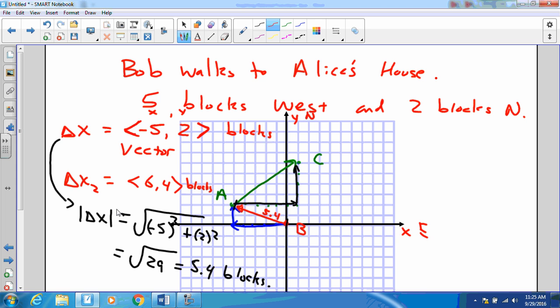Which line was delta x? Is it the green line? Yes, exactly. Delta x2 was 6, 4.